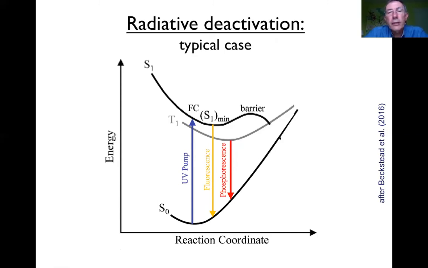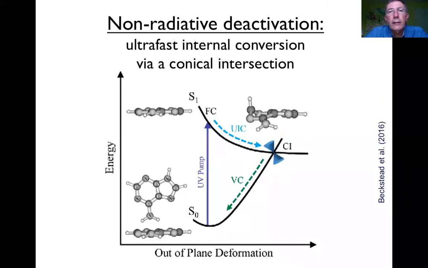So the question is, is there a shortcut to this? It turns out that occasionally, very rarely, there is a shortcut. Non-radiative deactivation. The non-radiative deactivation happens through something which is called a conical intersection.